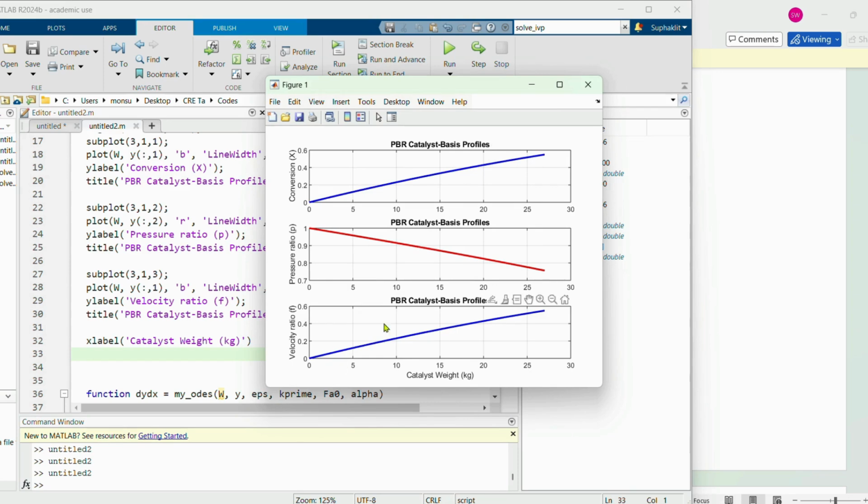So here we can see the conversion profile, pressure ratio profile, and velocity ratio profile.